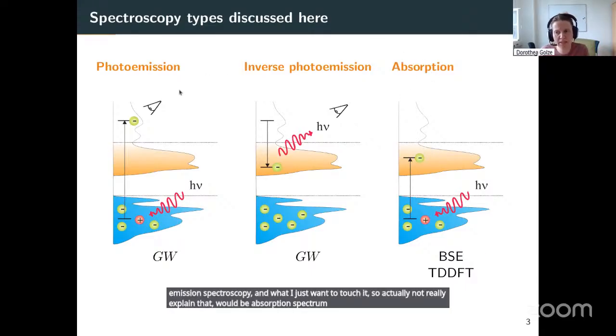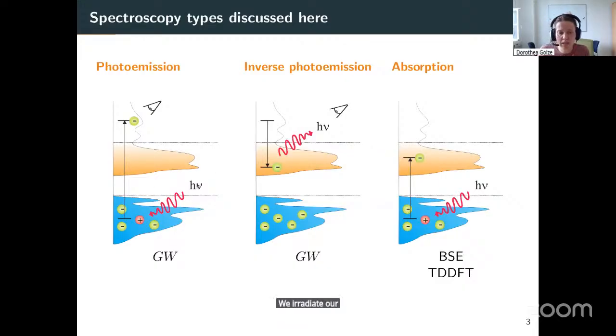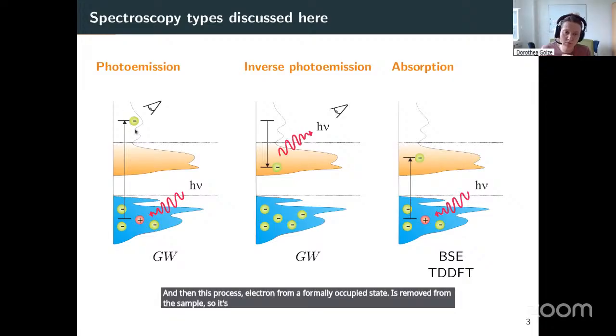In photoemission spectroscopy, we irradiate our sample with light with a certain frequency nu, and in this process, an electron from a formerly occupied state is removed from the sample, so it's promoted above the vacuum level, which is indicated here by the dashed line.